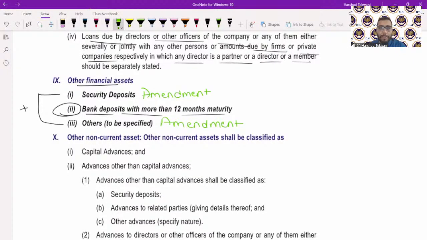Earlier, when we used to disclose the security deposit, it was part of loans, either as a current asset, or we used to disclose security deposit as a part of loans as a non-current asset. So earlier, security deposit was disclosed over here.